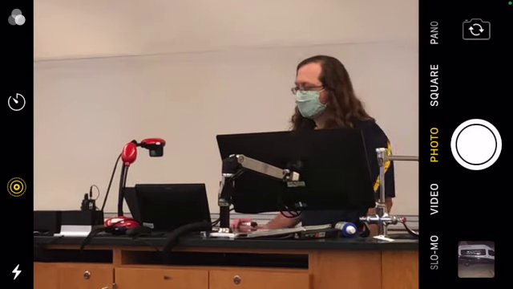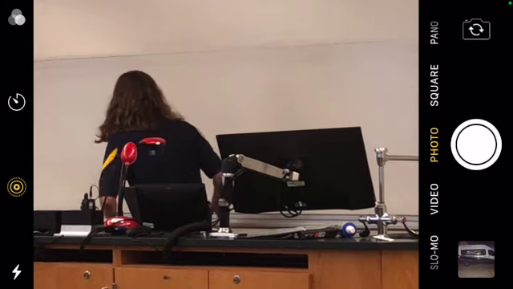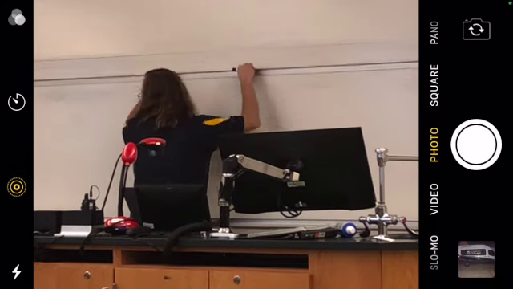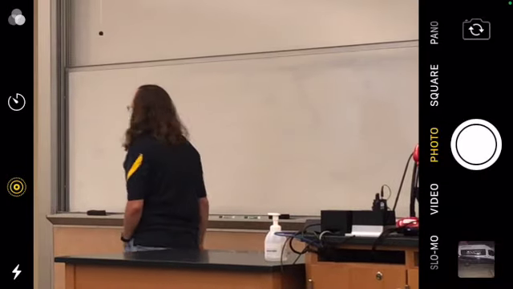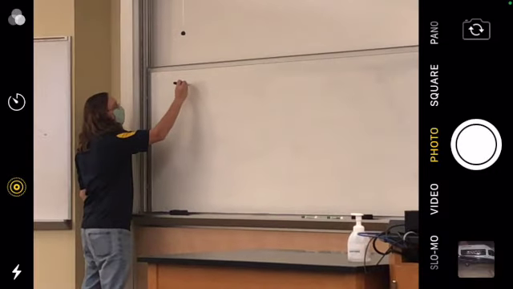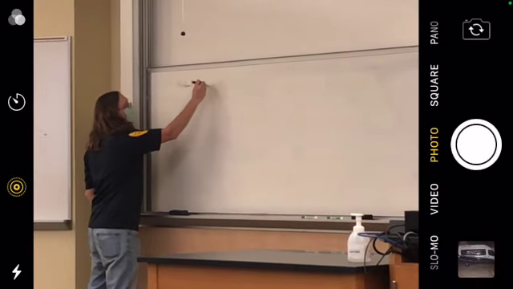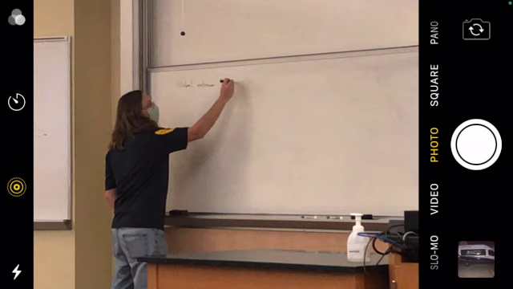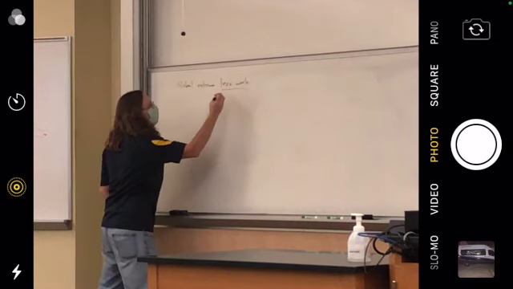I'll go through the example, but a big takeaway is, when you go to find these, global extrema should be easier than local extrema. So you always want to keep this in mind.